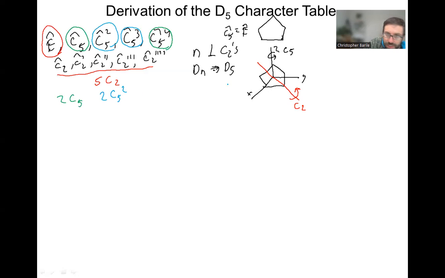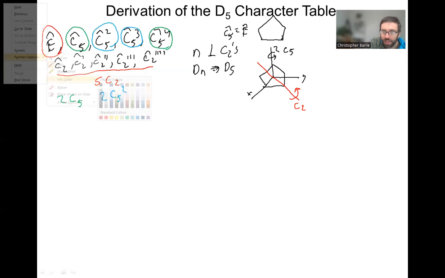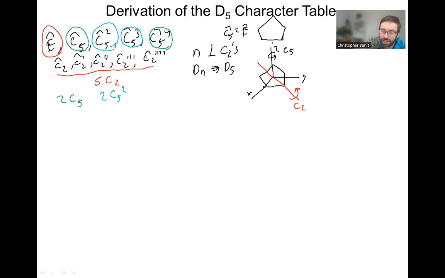Now, why did I group these like this? Well, if you think about it for a little bit, I think it should make sense. The reason is because let's say we're doing a C5 once, right? And we're keeping track of this point. That is taking this atom and moving it into this atom. However, if we do a C5 now 4 times, that's taking this and going all the way around, okay?